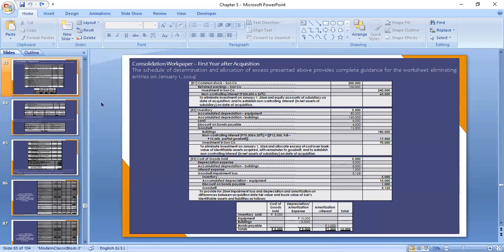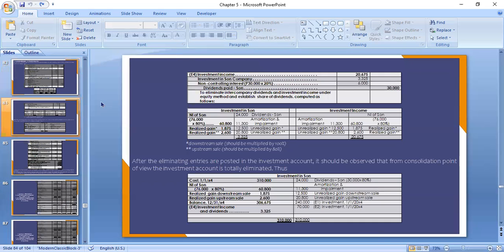Provide complete guidance for the worksheet eliminating entries. So here we have the elimination entries similar to the previous entries. So debit investment income, credit investment, debit non-controlling interest, and we credit dividends paid.